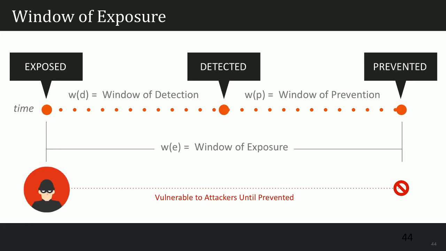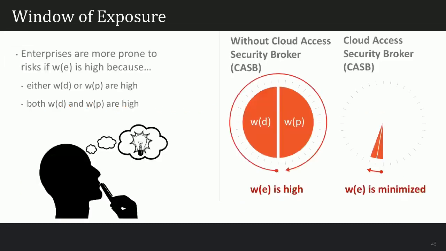So the window of exposure is the window of detection as well as the prevention. It doesn't make any sense to detect an attack and then not do anything. You can't prevent an attack without having visibility on the fly. So that entails the window of exposure.